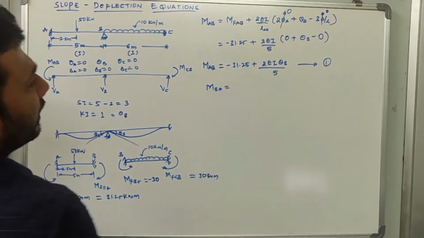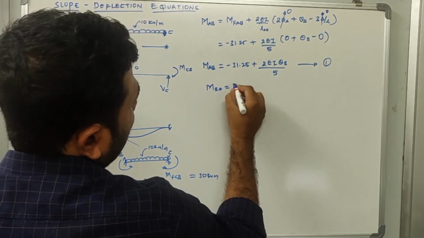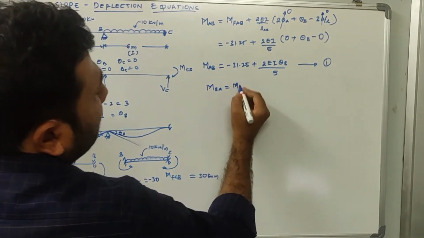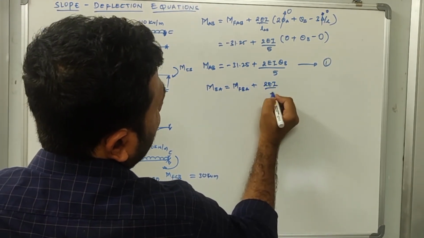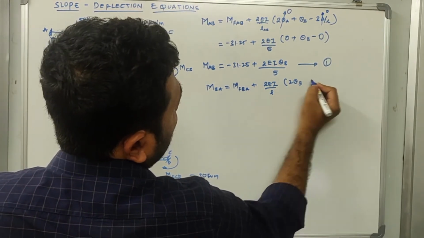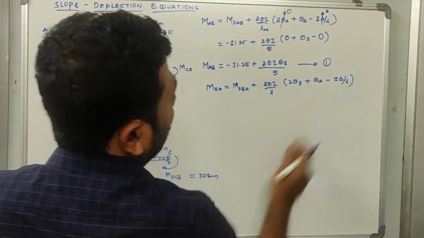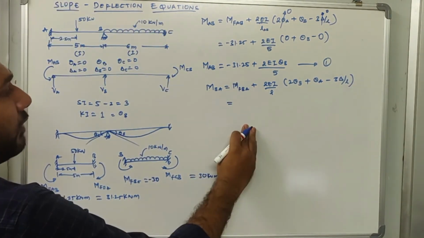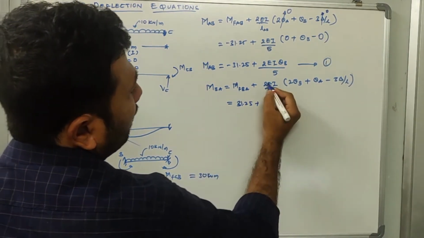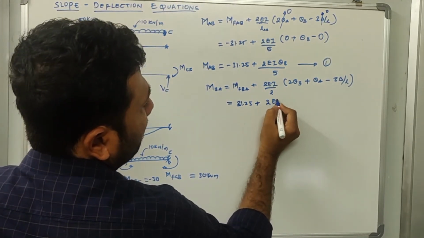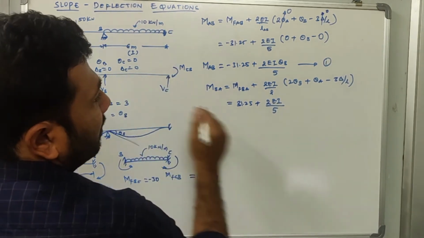Now similarly we can solve for MBA. For MBA again I'll write the slope deflection equation for BA: MFBA plus 2EI by L times 2 theta B plus theta A minus 3 delta by L. Now substituting the values: MFBA is 31.25 plus 2EI by L. L is how much? 5 again, because the member is the same, the AB member, right?